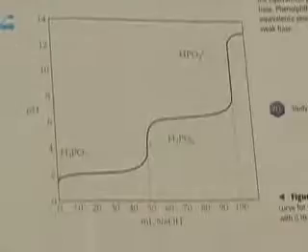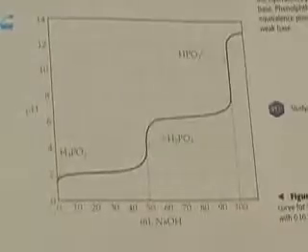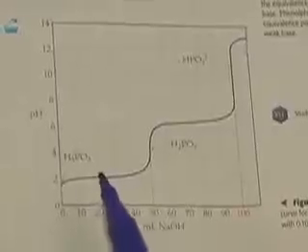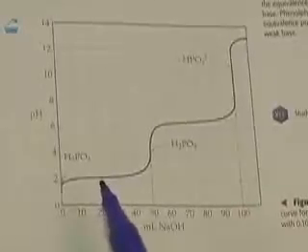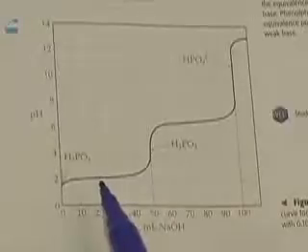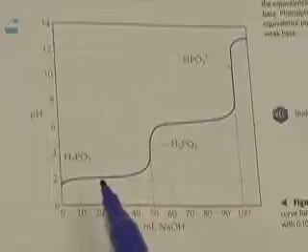Lastly, let's take a look at this graph. This is a graph of what's called a polyprotic acid. The polyprotic acid example they give here is phosphorous acid. And when weak acids that contain more than one ionizable hydrogen atom react with OH-, it occurs in a series of steps.